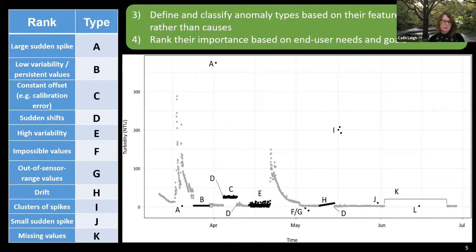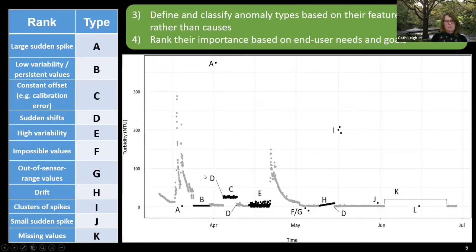So here, for example, we're going along in the grey, and then all of a sudden it shifts upward where it's labelled D to some offset data, which is a different type of anomaly, anomaly type C, and then it's offset back down through a sudden shift to D to the normal behaving data again.